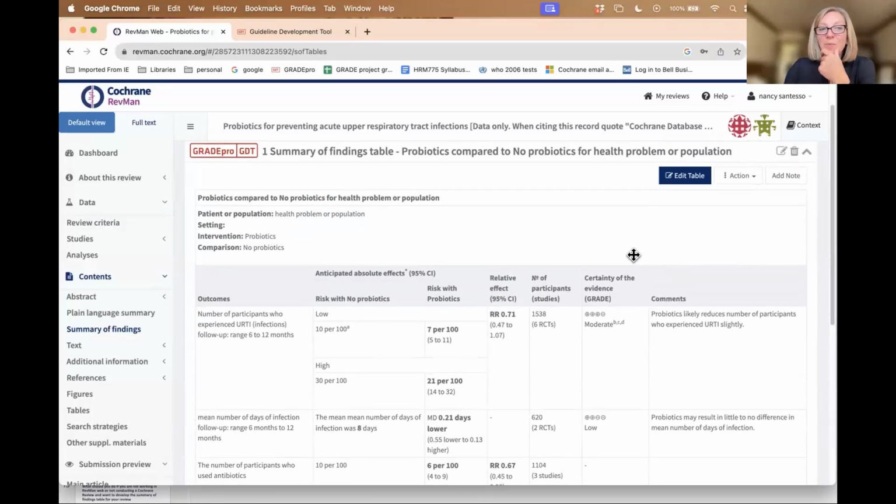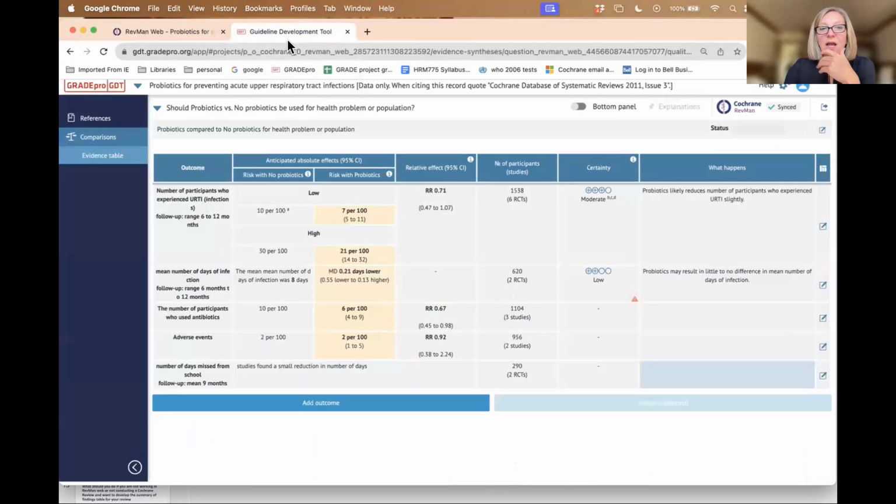If it happens that I need to change something or something doesn't look good, I'm still in GRADEpro. I could make the change, and it will automatically sync with what's in my RevMan review. So that's doing it itself. And I typically make my changes in GRADEpro.